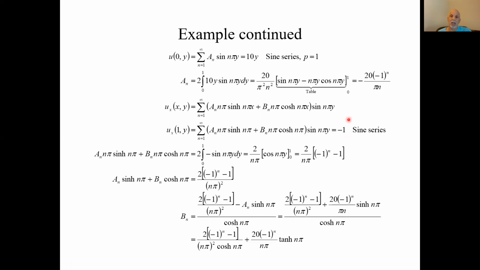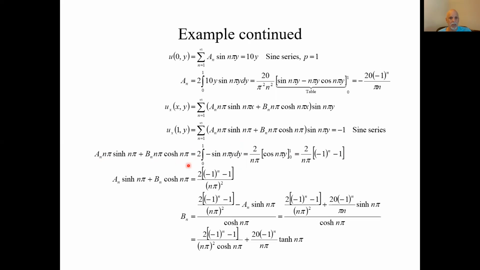So we need to expand minus 1 in a sine series. So this whole mess here, by matching coefficients, all this stuff in parentheses, has to equal the coefficients of the sine series, which if you look up in the Fourier sine table, it's an integral. When you evaluate that integral, you get this.